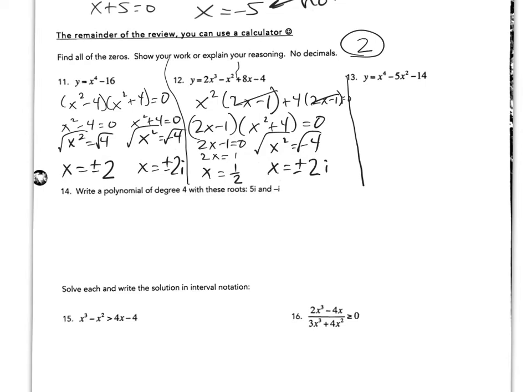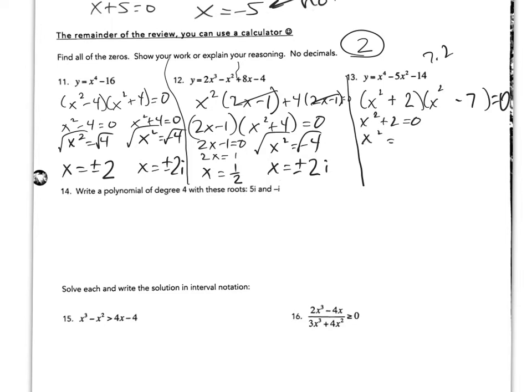Number 13, nothing in common. In order to make it x to the 4th, we need x squared times x squared. 14 is 7 times 2, and then negative 7 plus 2 is a negative 5. So x squared plus 2 equals 0.